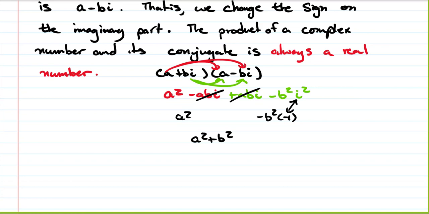So it tells us then that if we multiply a complex number by its conjugate, we will always get a pure real number.